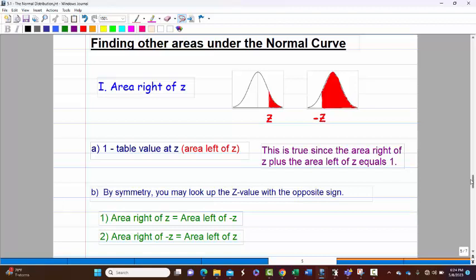Like what if we want the area to the right of the z, meaning in word problems that would mean greater than. Now there are two ways you can do it, because the chart directly is not going to give you the answer.